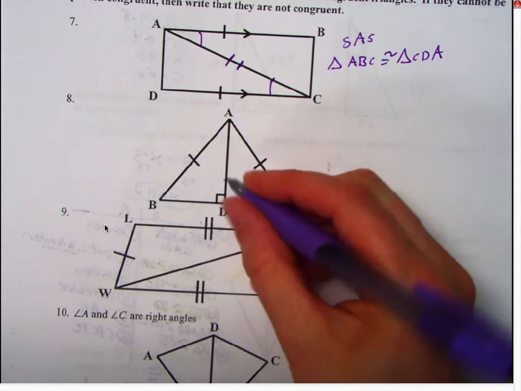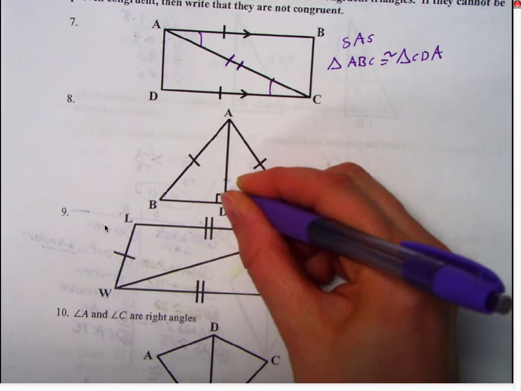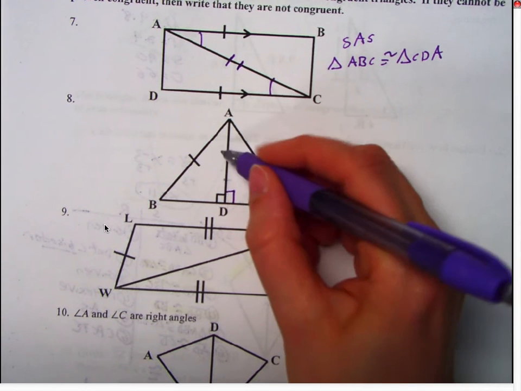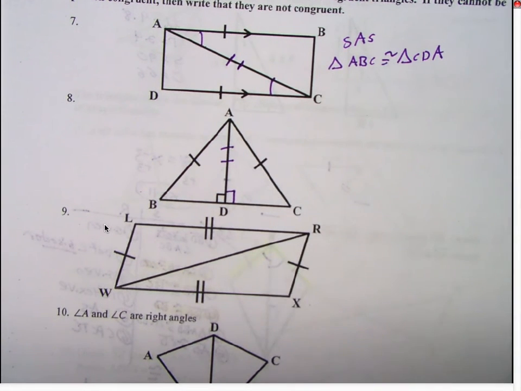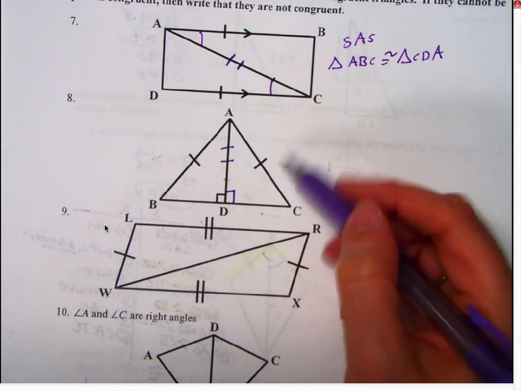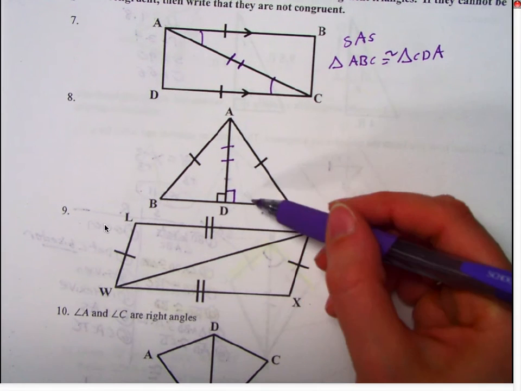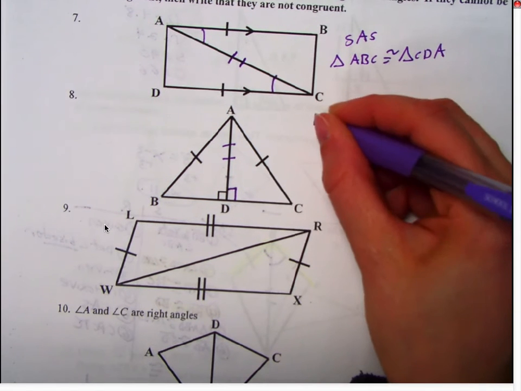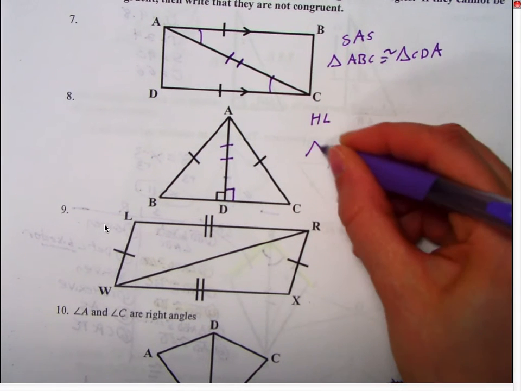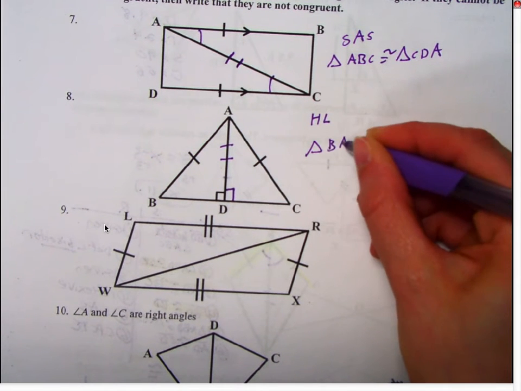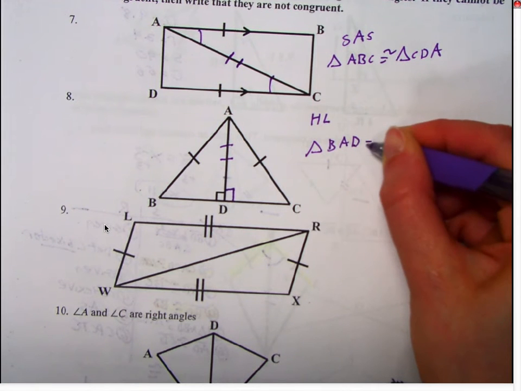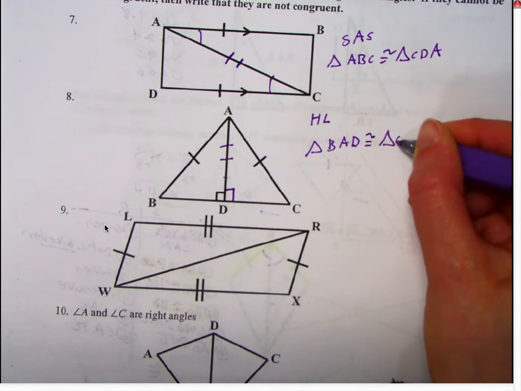Number 8. We know these two are both 90 by linear pair postulate. We know this is congruent by reflexive. We have angle, side, side. Remember, it spells a bad word. It doesn't work. Okay? But it is a right triangle, so we can use hypotenuse leg. Triangle BAD is congruent to triangle CAD.